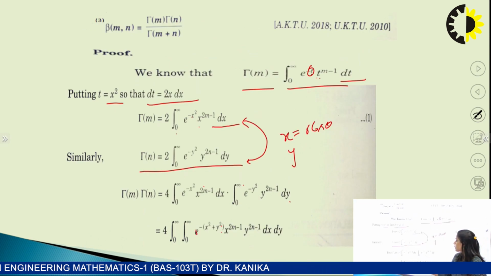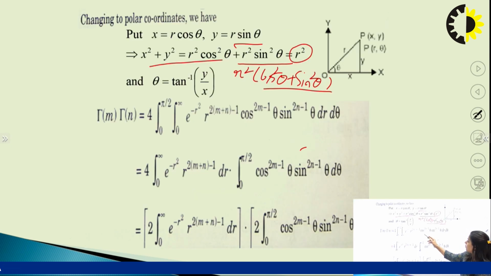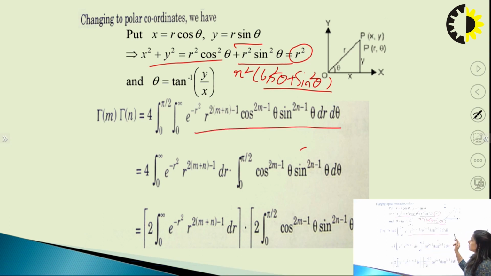Now we will put all these values in this integration. So the value of x square plus y square is equal to r square, the value of x is r cos theta, the value of y is r sin theta, and the value of dx dy is r dr d theta. Put all these values in the previous integration. Now we will separate the integration with respect to r and the integration with respect to theta.